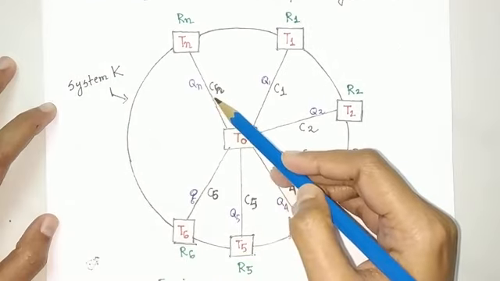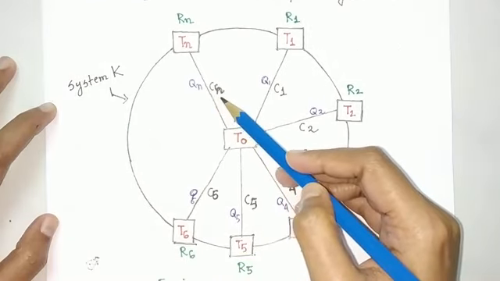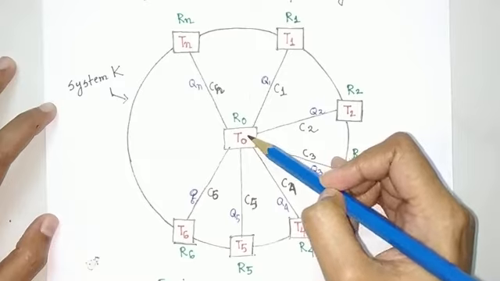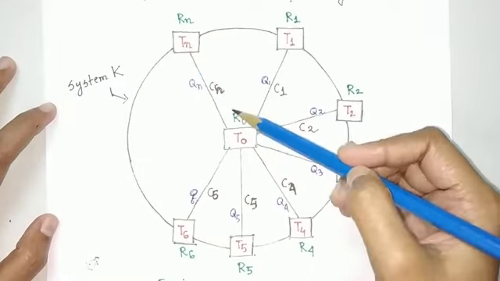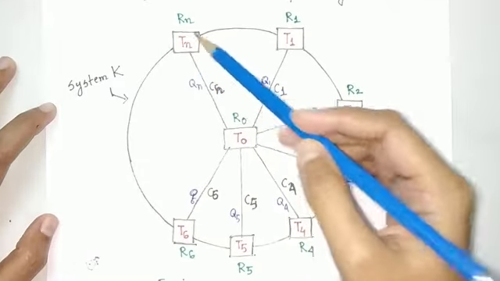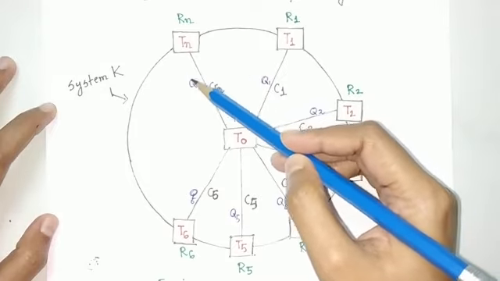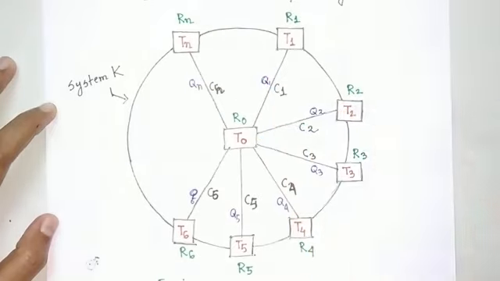Like this, the nth Carnot engine Cn acts between the temperatures T0 and Tn, that is between the reservoirs R0 and Rn, and in doing so exchanges an amount of heat Qn with Rn.